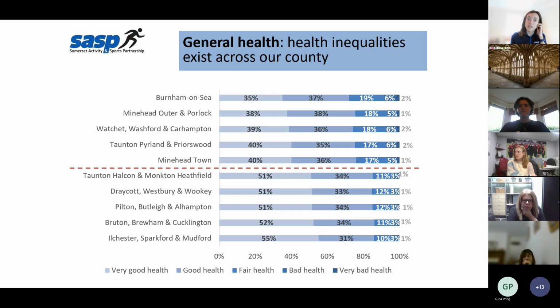So what you see is that despite the fact that places like Burnham and Minehead had the lowest rates of very good health, people aren't self-proclaiming they've got bad health or very bad health. They're not moving all the way down to the bottom. They're shifting to good health and fair health. That might be related to the self-reporting aspect of it, or it might be just how they perceive their health. It's not really bad, it's just not very good either.